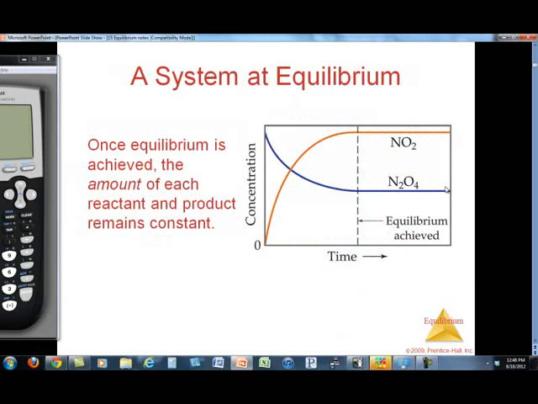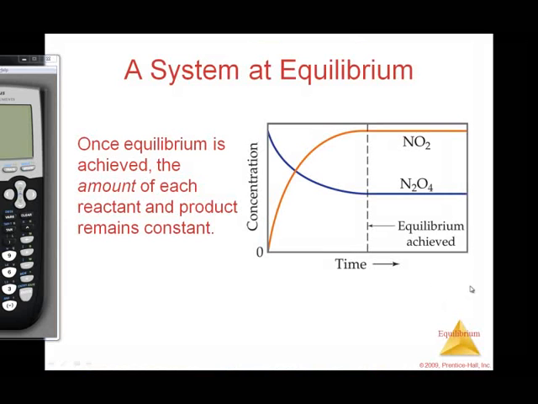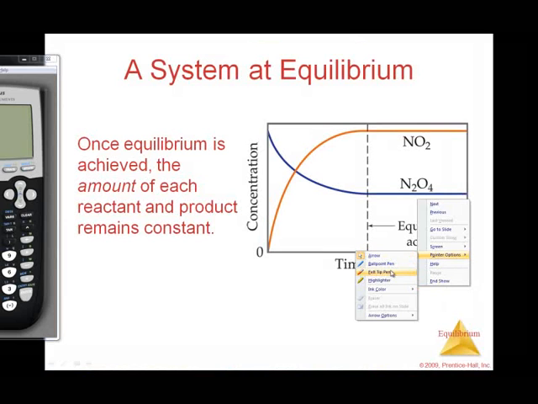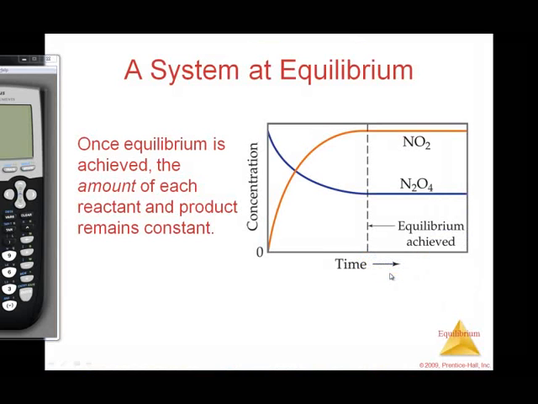They're not ending up at the same concentration. They're just ending up at the same rate. The rate at which the forward reaction is occurring is the same as the rate at which the reverse reaction is occurring. Okay. So the graph would look different depending on what the reaction is, right?